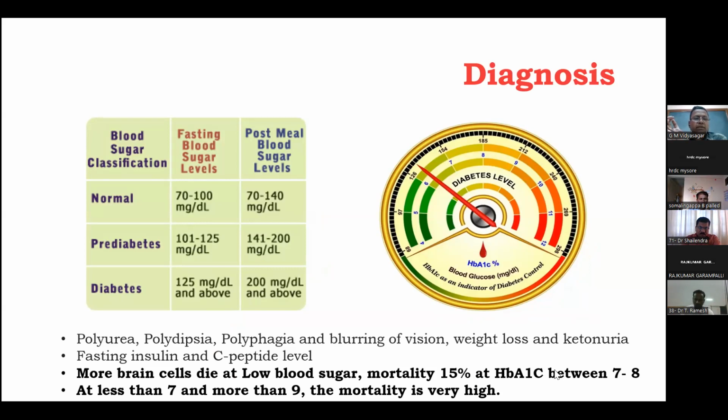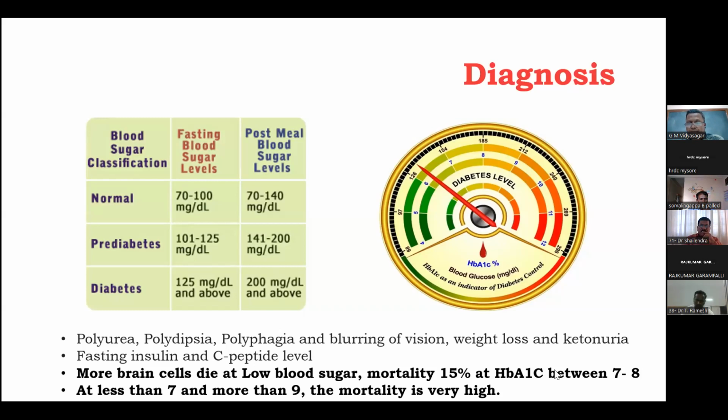Even at 130 or 140 mg sugar, some doctors say it is diabetic and just give medications. In real sense, I have seen studies and reports from recent papers that more brain cells die in low blood sugar.